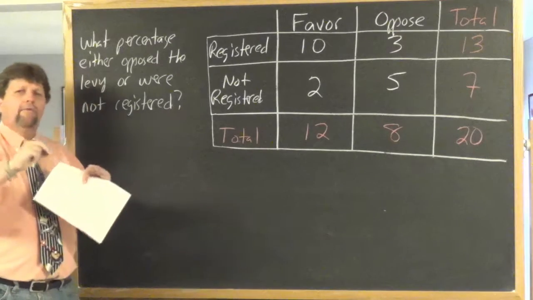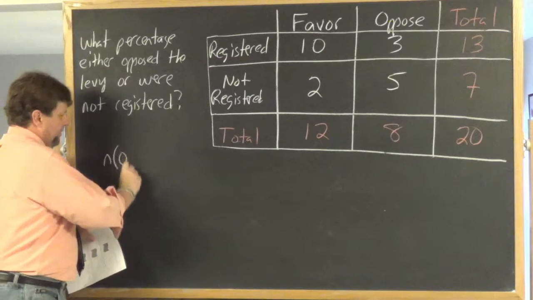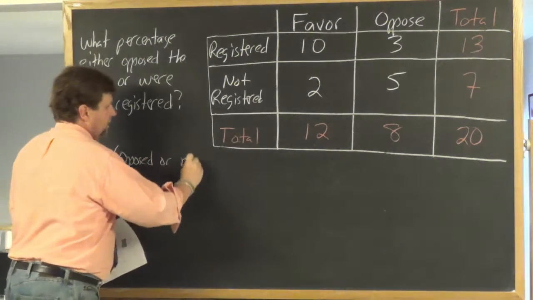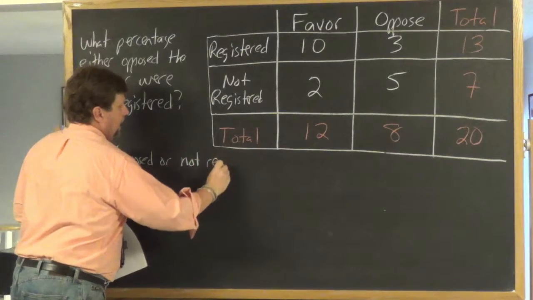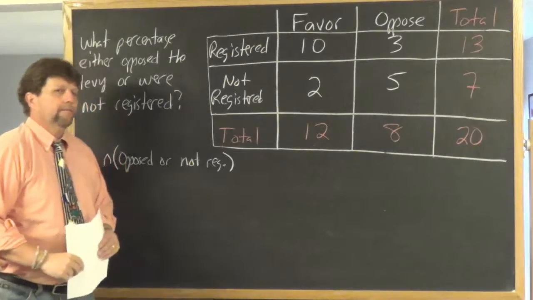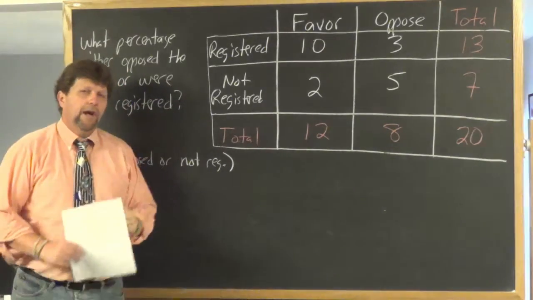I'm just going to kind of write that down, and it's the number that opposed or not registered. So what percentage either opposed or were not registered?